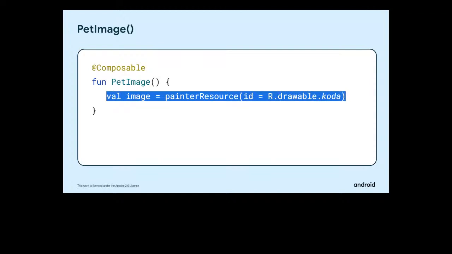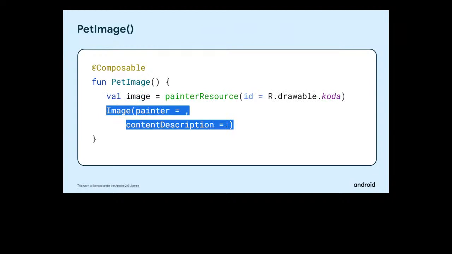So what you do is val image is equal to a new painter resource in which the ID of this resource is R.drawable.coda. This will give us the value of the image within the image variable.